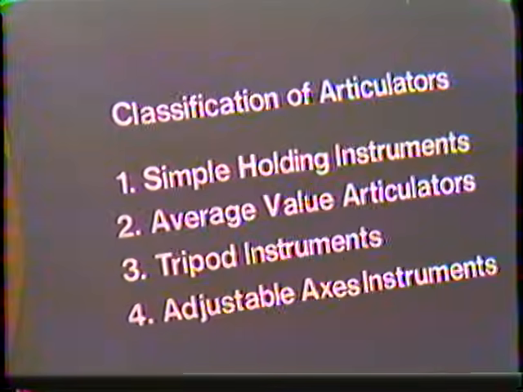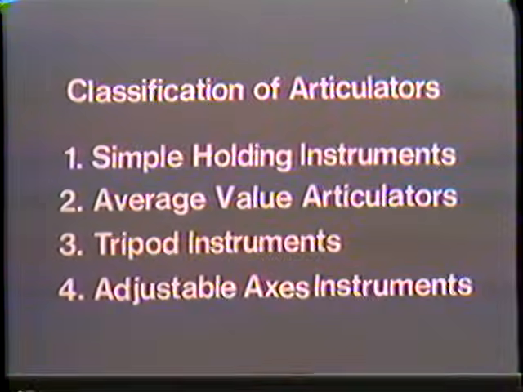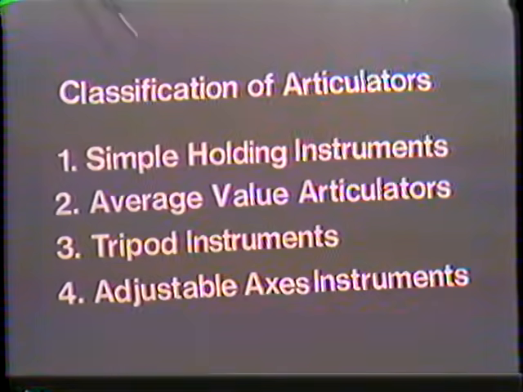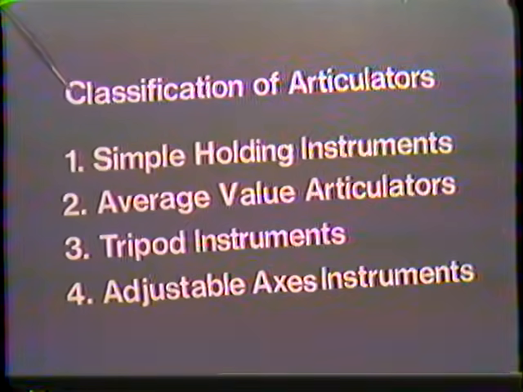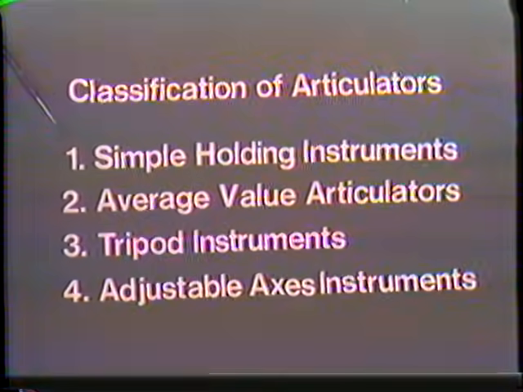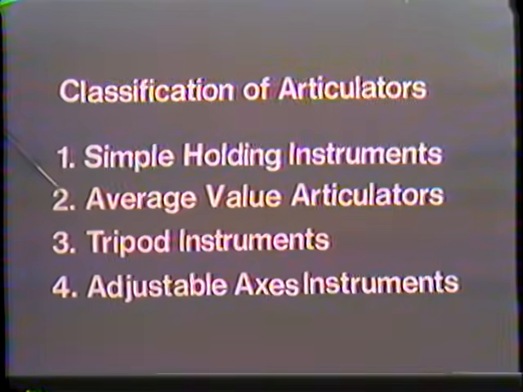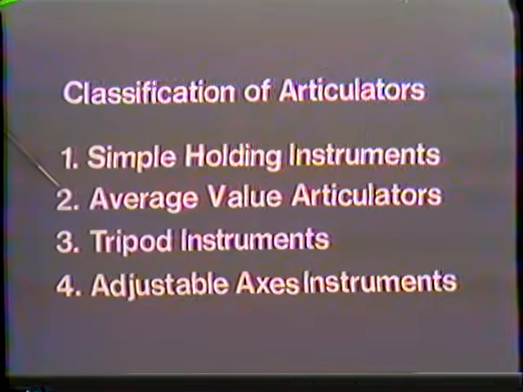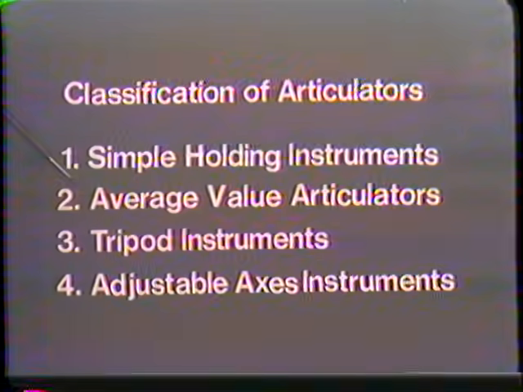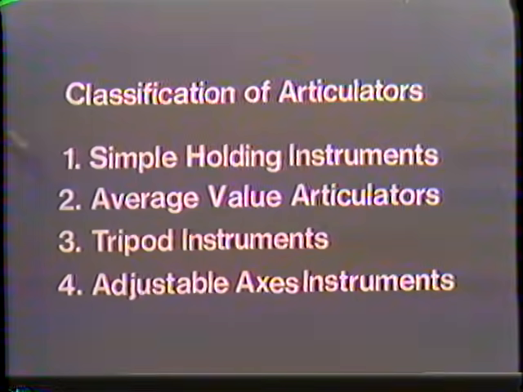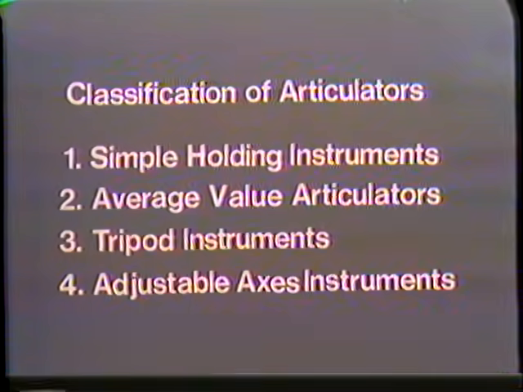Now we do have the simple holding instrument. It might move vertically or it might move on a hinge, but that's all the movements that can be made. We have the average value instrument, which we recall is the one that has condylar elements set at predetermined values such as 30 degrees in relationship to the horizontal on the instrument.